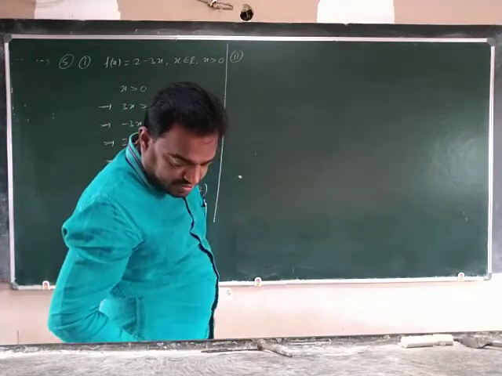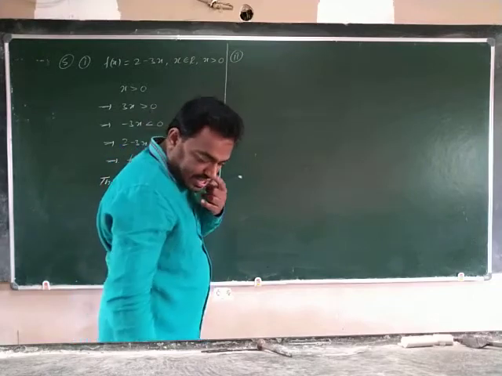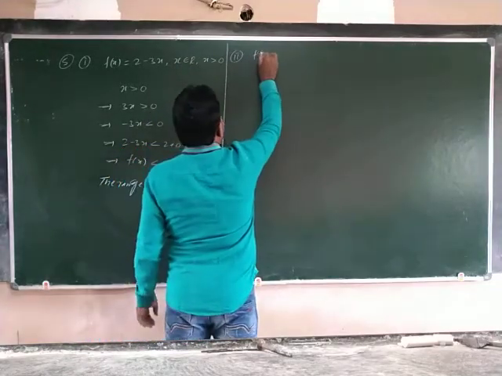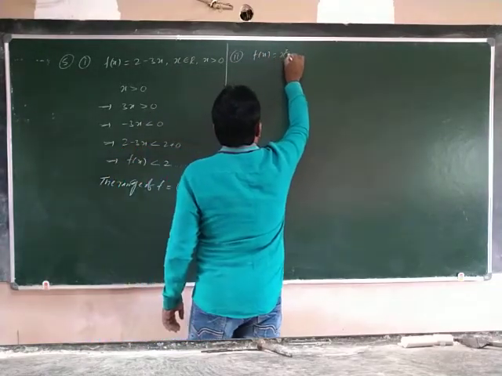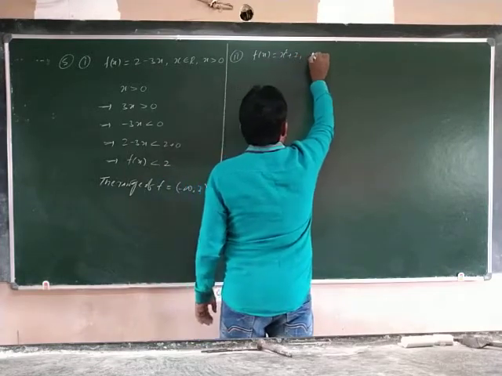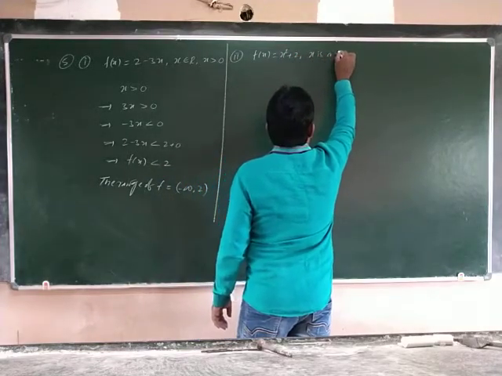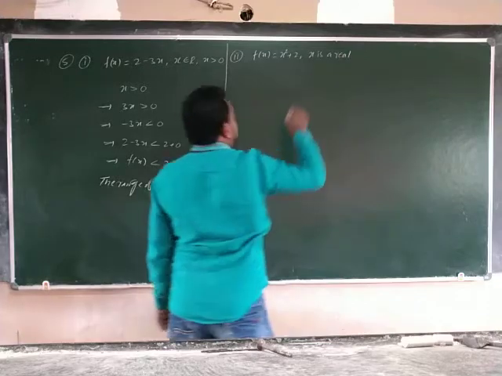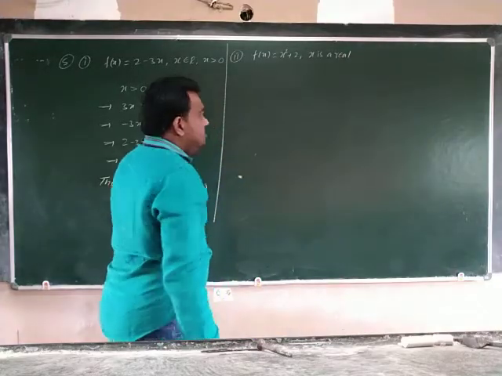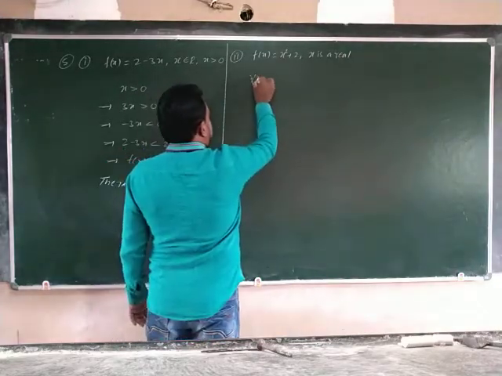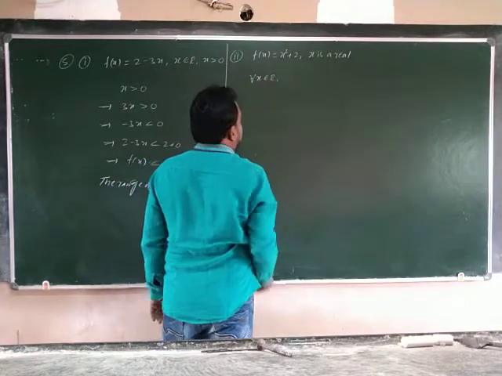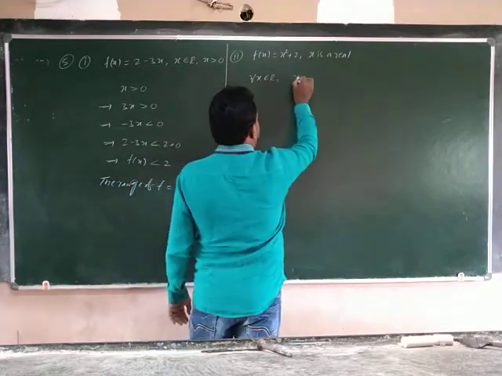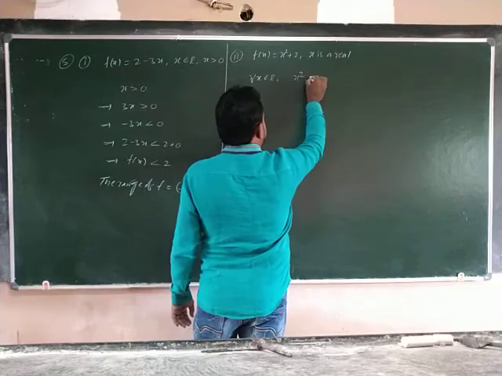F of x is equal to x square plus 2, x is real. That means x is a real number. See, for all x belonging to R, for all the real values, x square is always greater than or equal to 0.